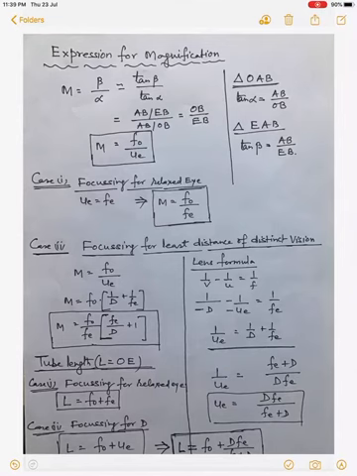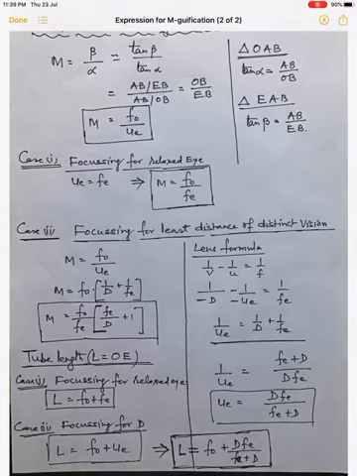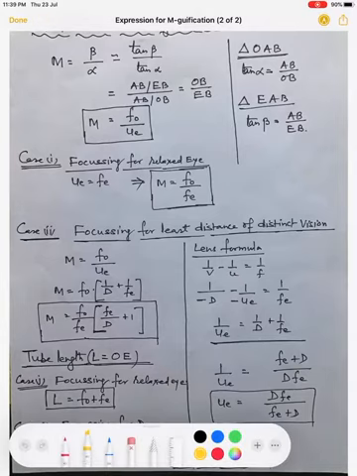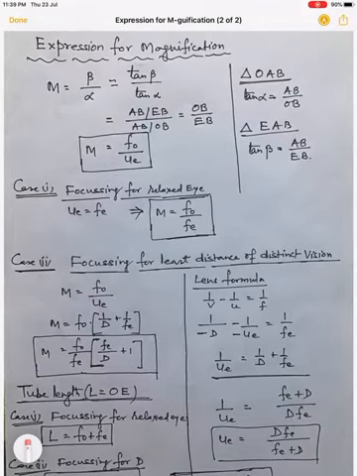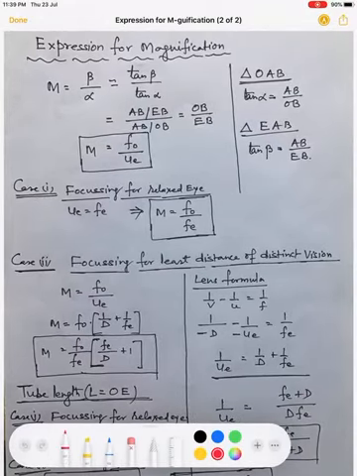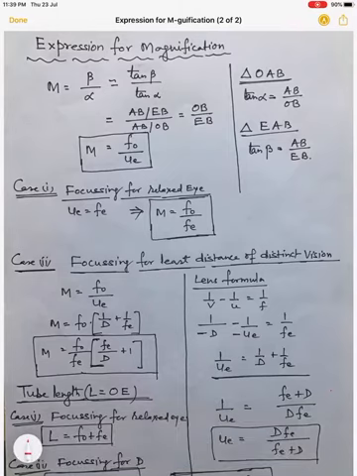Now the expression for magnification produced by an astronomical telescope. Magnification is the angle subtended by the image upon the angle subtended by the object, that is beta upon alpha. For small angles we can write beta is approximately equal to tan beta and alpha is approximately equal to tan alpha.